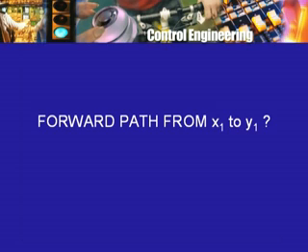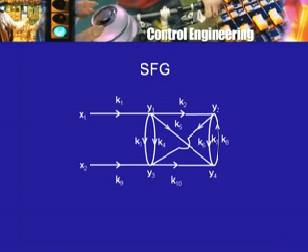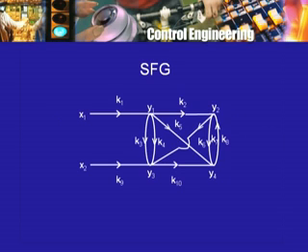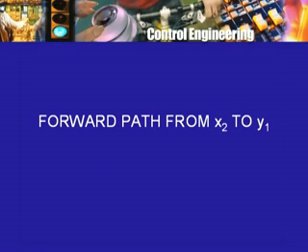So we have to identify forward paths from x2 to y1, and here we may have to be careful because there could be more than one path. In fact, there is no direct path from x2 to y1. There is no edge going from x2 to y1, but that does not mean there is no path from x2 to y1.